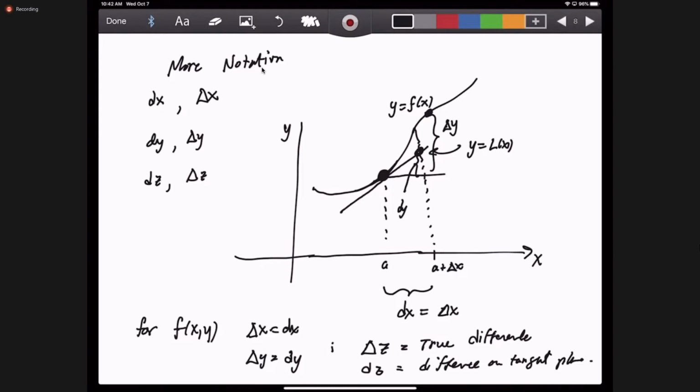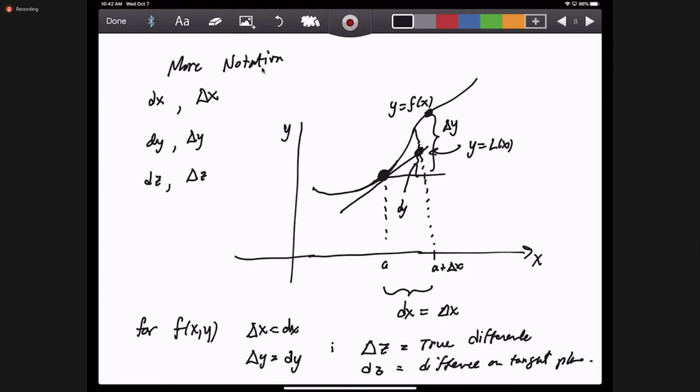All right, so why do we bother with this? Well, in many applications, the language that is favored is to think in terms of differentials rather than think in terms of linear approximation or tangent planes, even though the underlying idea is exactly the same. So you should be familiar with the notation. If this is not familiar, you can go back to section 3.10, I believe it is.